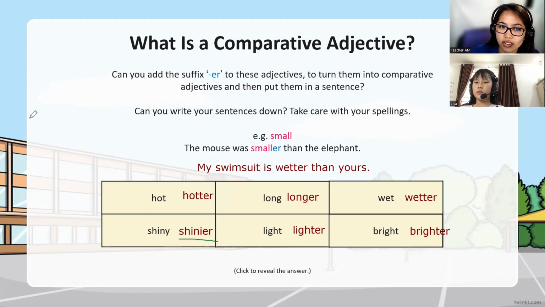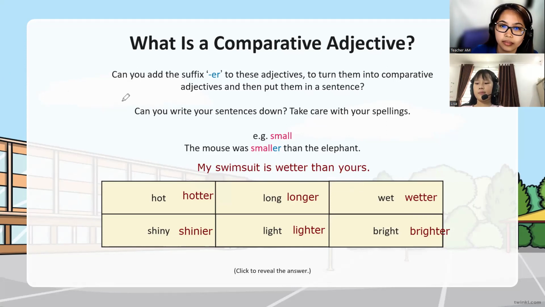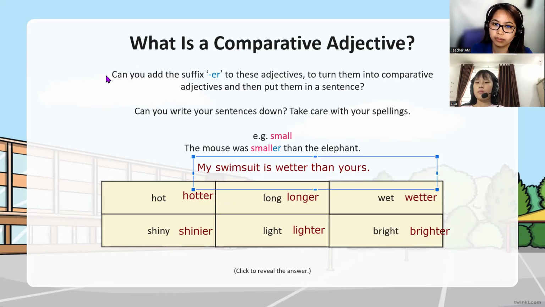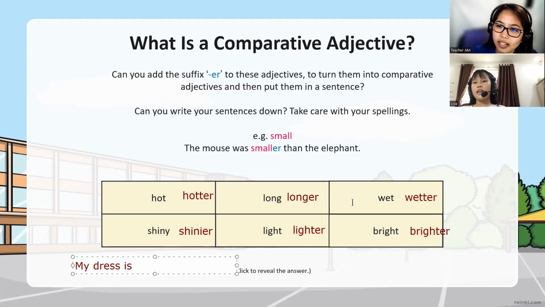Okay, what about shinier? You can do it. My dress is shinier than your dress. Very good.